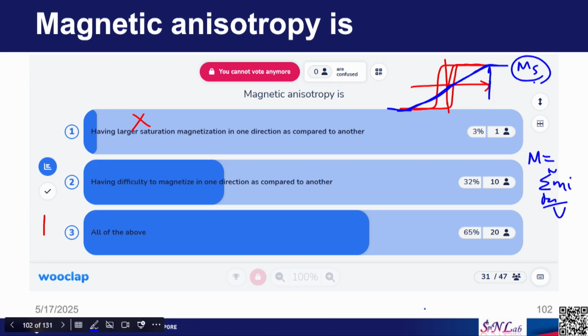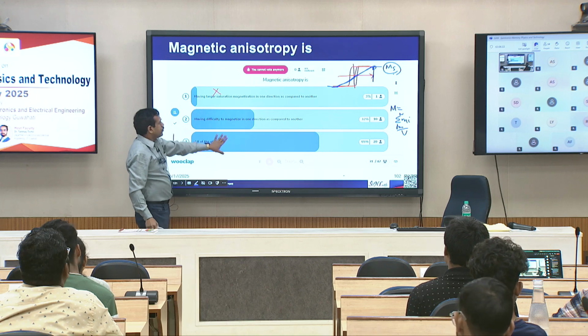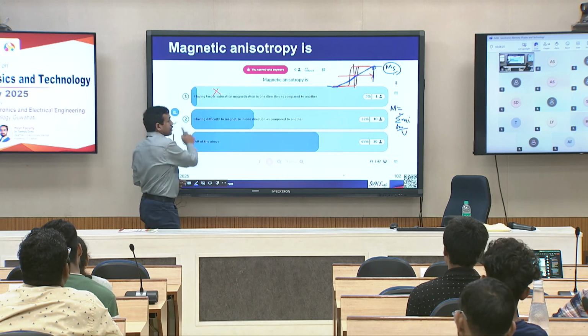Inside that material the volume did not change, the moments did not change. What has changed is only the field you need to make all the magnetization point in one particular direction. So, at very large field the hard direction also will have the same saturation magnetization. Because you thought this was correct, many of you chose this one. So, this is the correct answer.